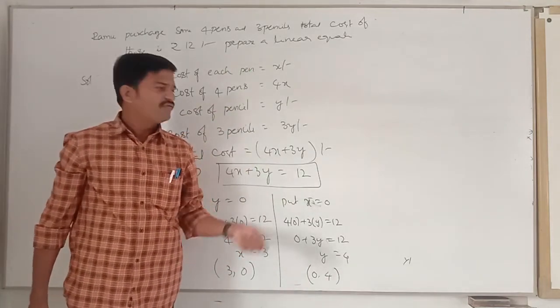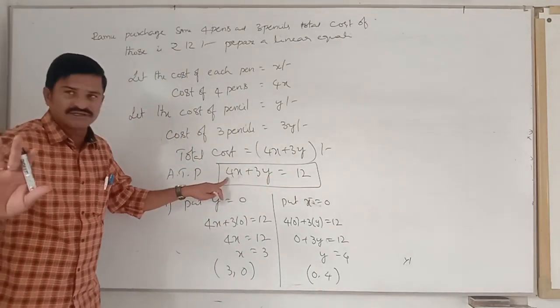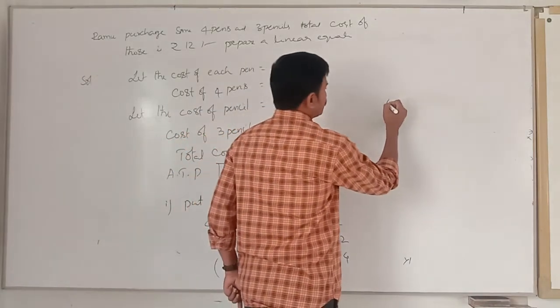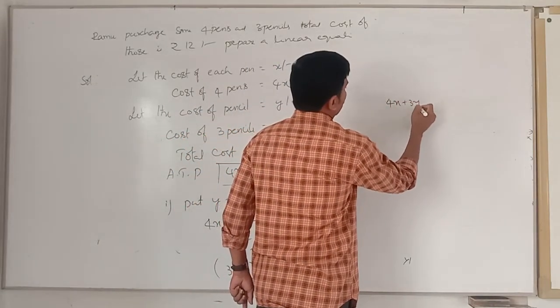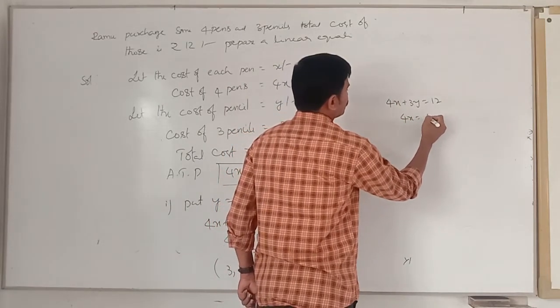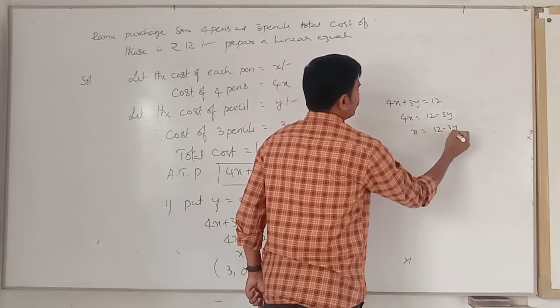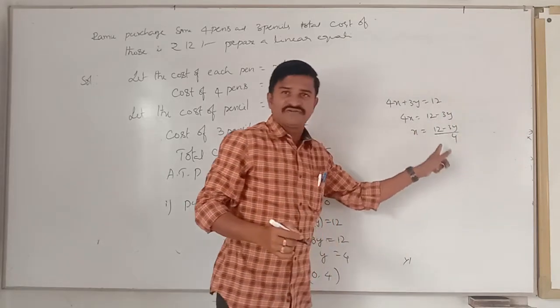Why am I asking you to follow this method? If you follow the previous method, suppose 4x plus 3y equals 12, then 4x equals 12 minus 3y, then x equals (12 minus 3y) by 4. Finding the value is difficult now.